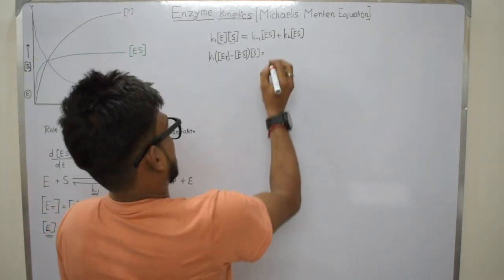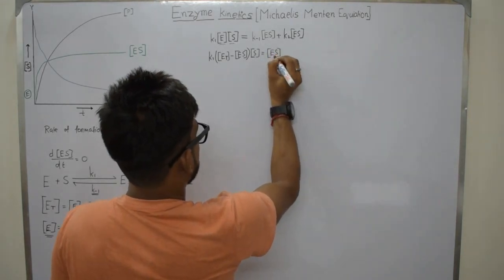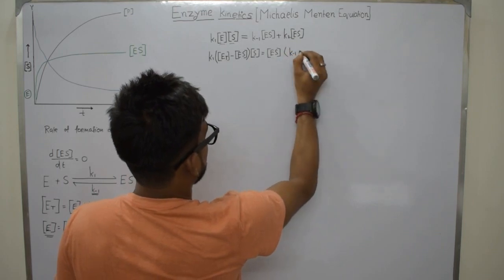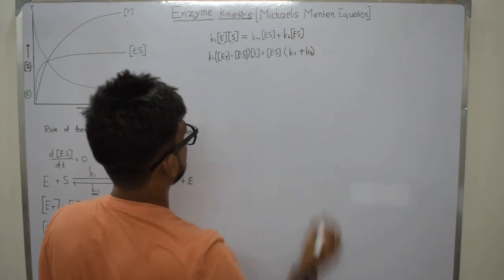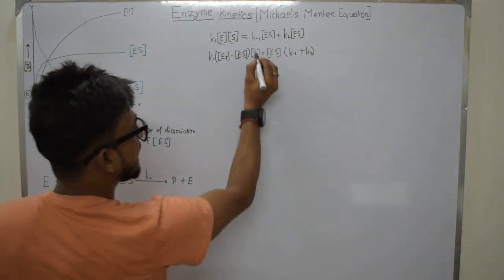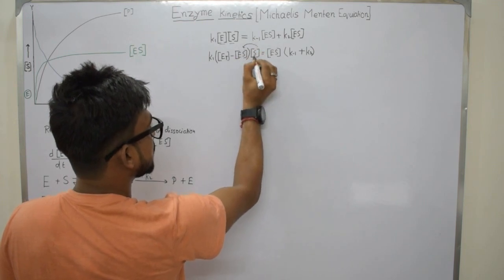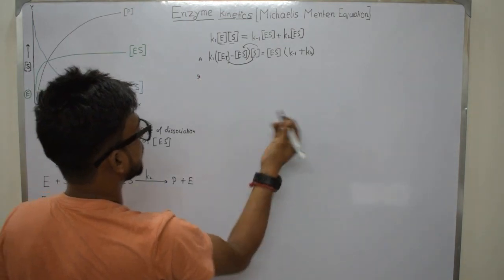Okay, if we take the enzyme substrate complex as common, then we will be left with K1 S plus K minus 1 plus K2. Now we will add this substrate concentration to both the things, with this one and with this one also. So let's see what the equation is after that.